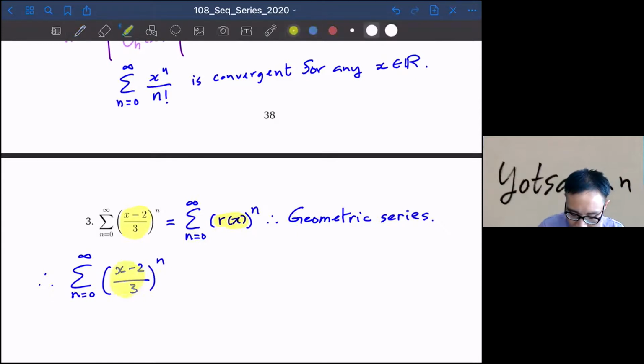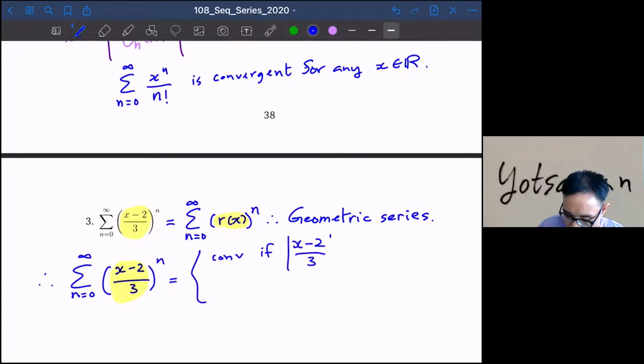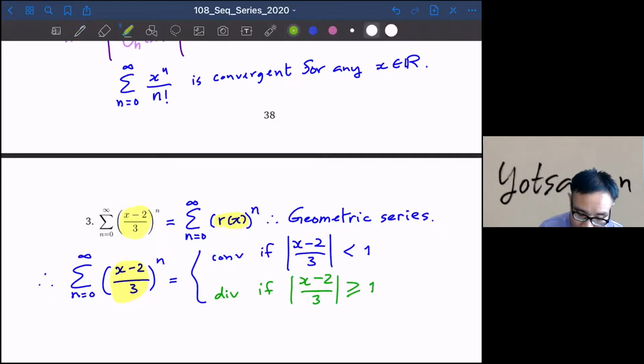It's going to be convergent if the absolute value of (x minus 2) over 3 is smaller than 1, and it's going to be divergent if the absolute value of (x minus 2) over 3 is greater than or equal to 1.